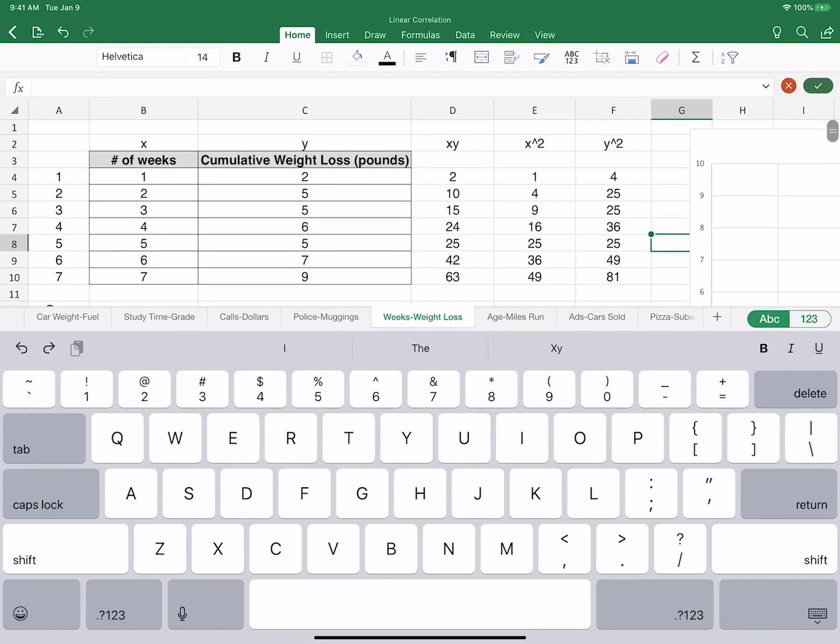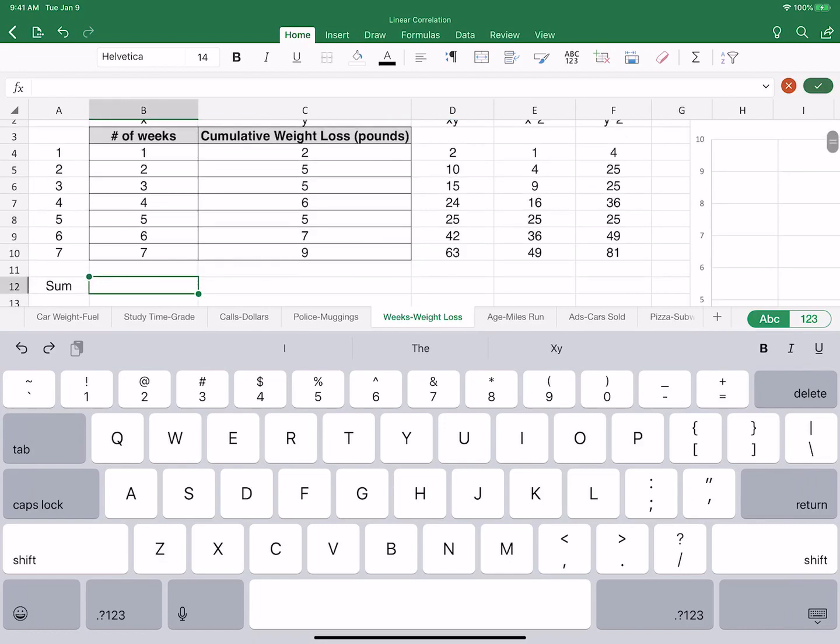Okay, we got all that information. Now, don't we need all the sums? So let's do the sums now. So be careful here.